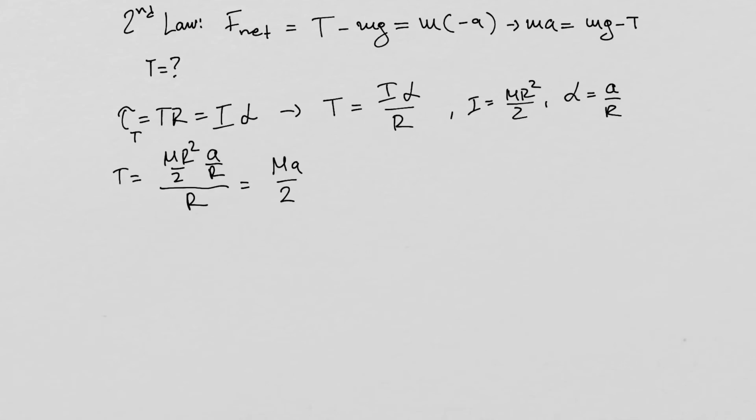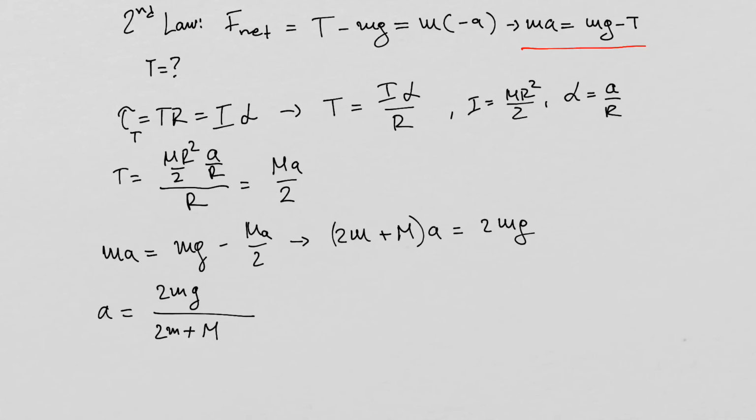And I get that the tension in the cord is equal to the mass of the disk times the acceleration of motion of the block divided by 2. Now I can substitute this expression in the expression that I got from Newton's second law, right here, and calculate the acceleration of the block.